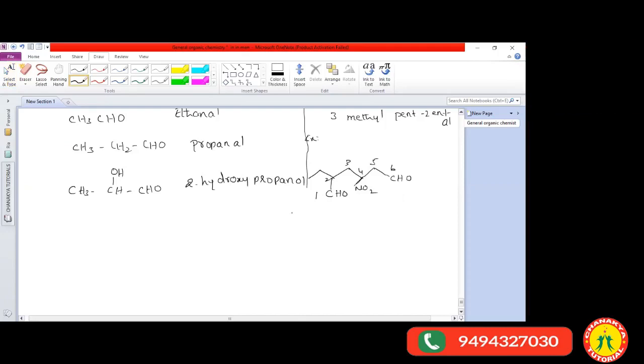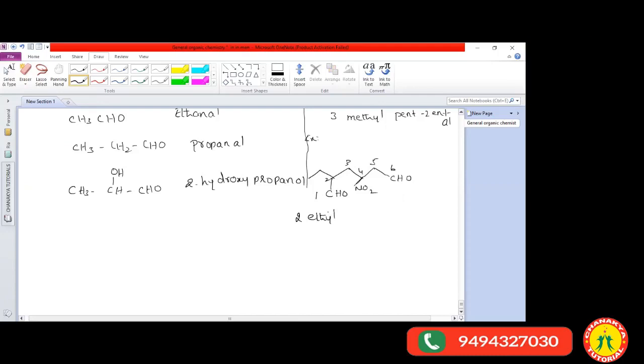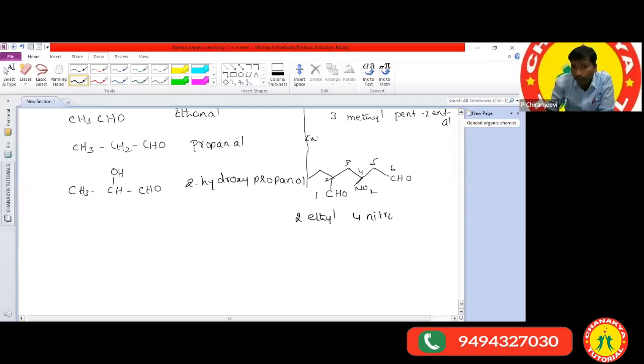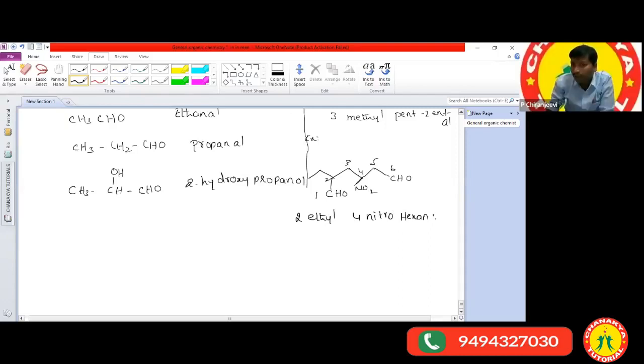What is the position of the ethyl? 2 ethyl, 4 nitro, hexane. 1,6 diol. 2 aldehyde groups are there, so diol. What is the complete name here? 2 ethyl, 4 nitro, hexane 1,6 diol.